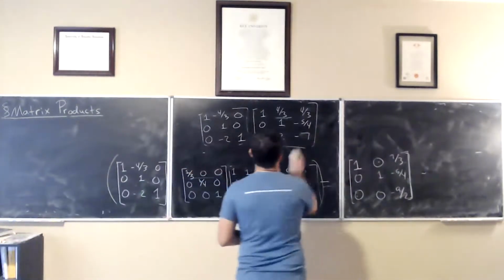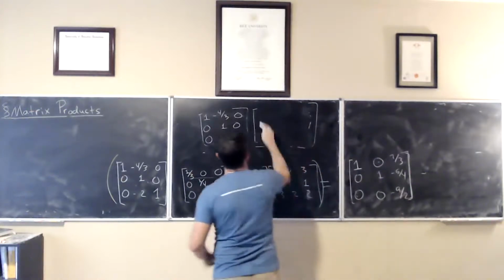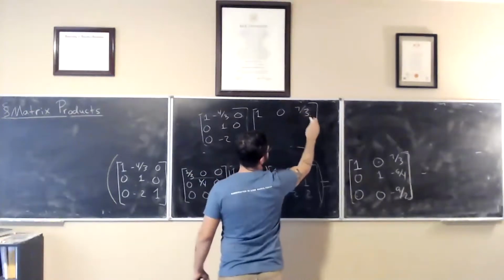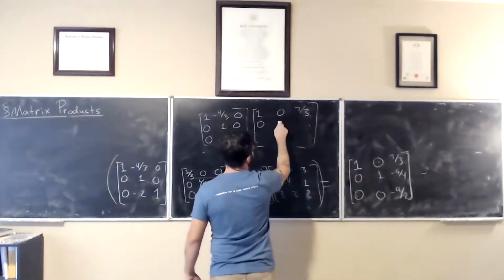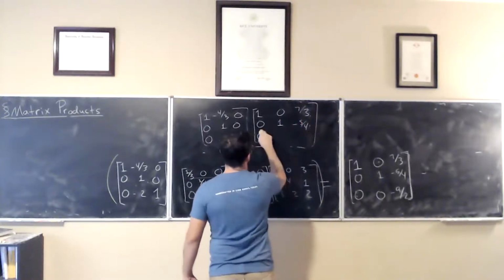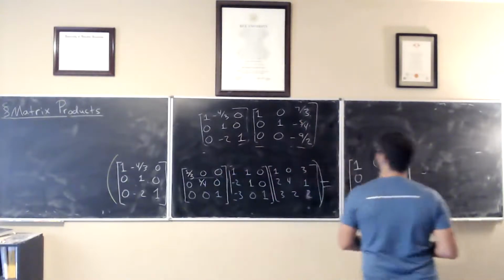Okay, so 0, 7/3, 0, 1, minus 5/4, 0, 0, minus 9/2.